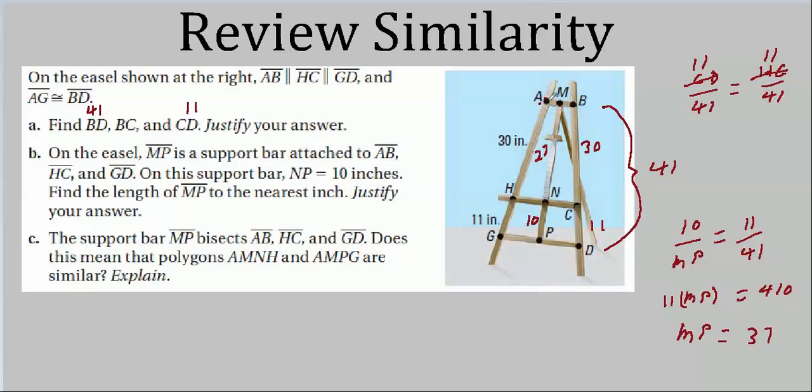The simple way to point out that they aren't is to just see that AM over AM is 1, and none of the other ratios are going to turn out to be 1, because these things are definitely not congruent, and that's what has to happen for the similarity ratio to be 1 all the way across. So the answer is no.